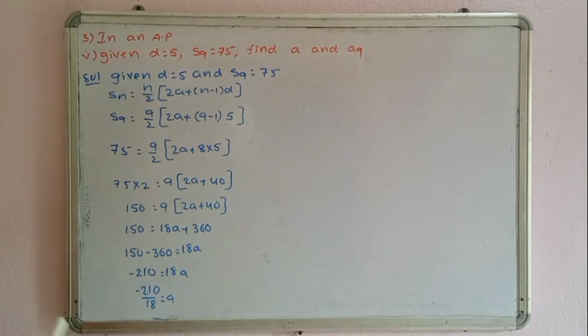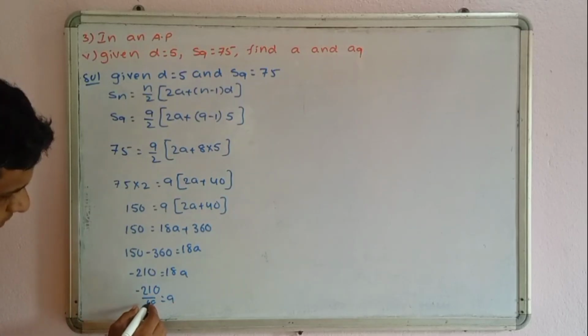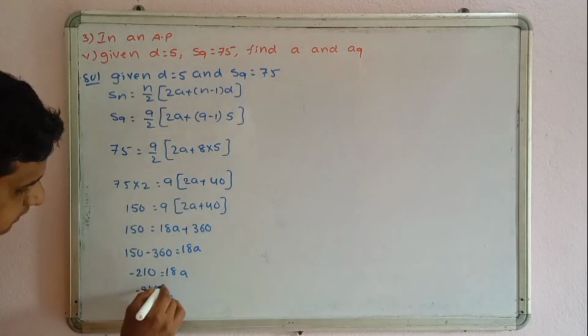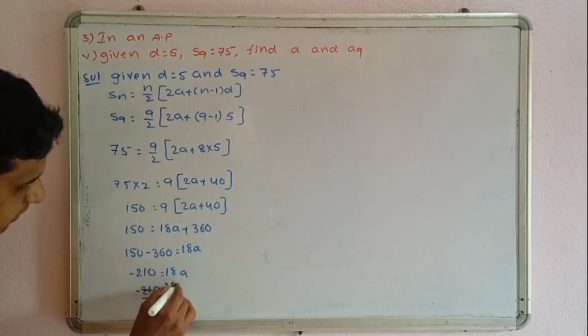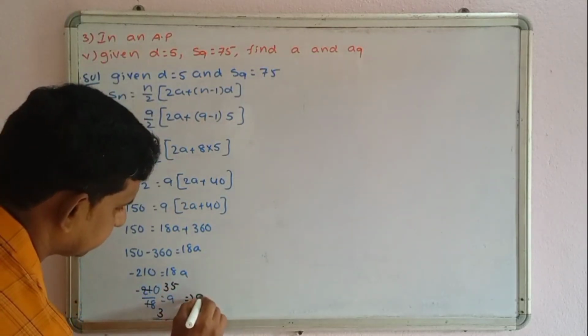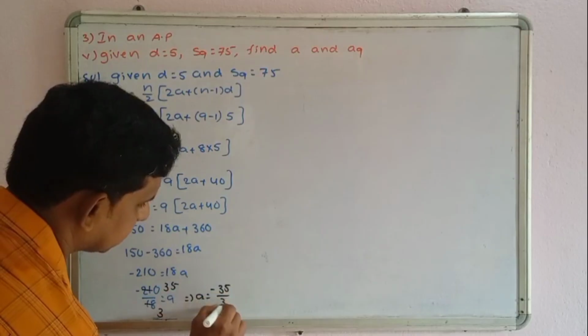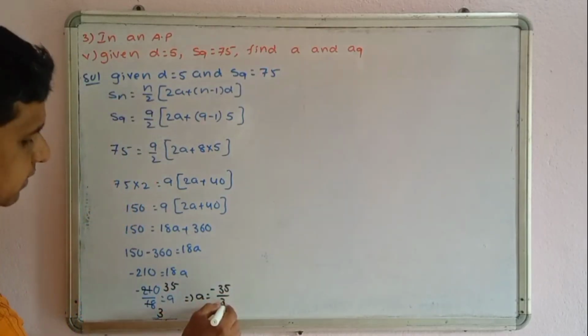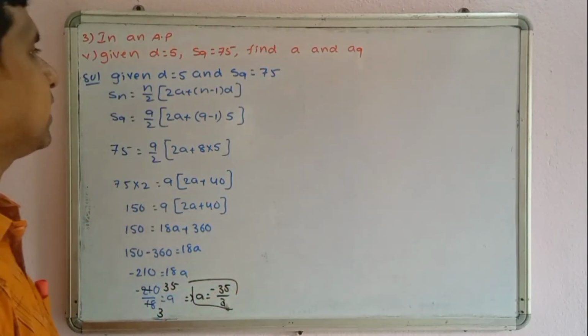See the 6 table. 6 times 3 is 18, 6 times 5 is 30. So a equals minus 35 by 3. Now I want a9.